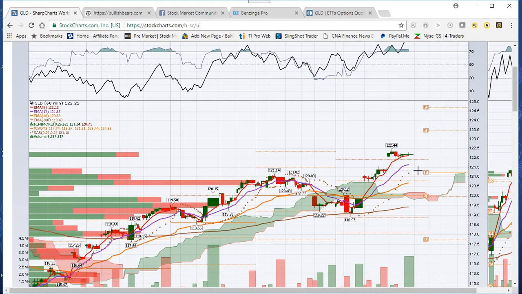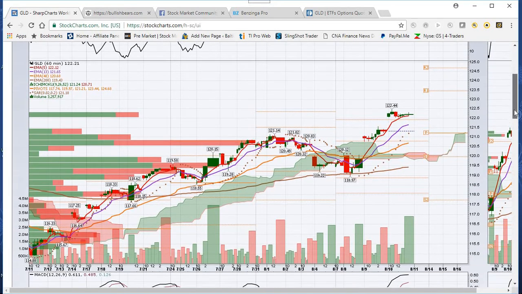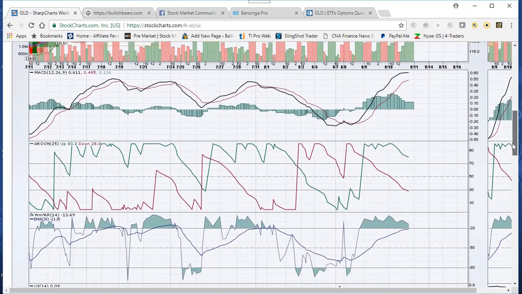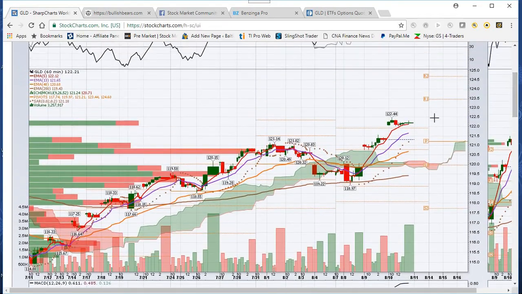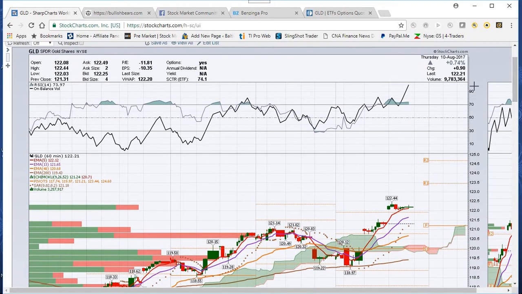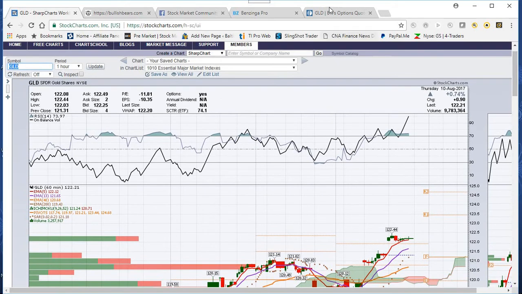A pullback is not bad. It's a good thing. We need to pull back a little bit. Gold has had a nice push this week, so we may see some pullback in here. After that pullback, I'm expecting to see gold go even higher. Okay, so right now this trade is still a go.